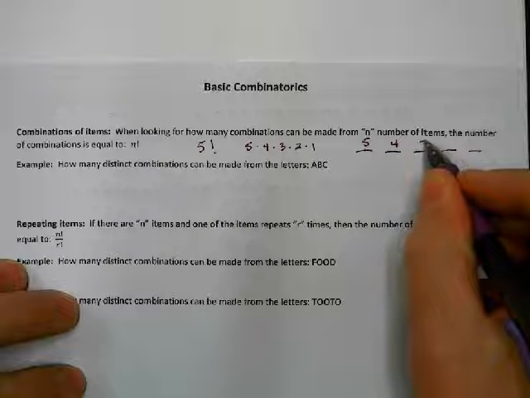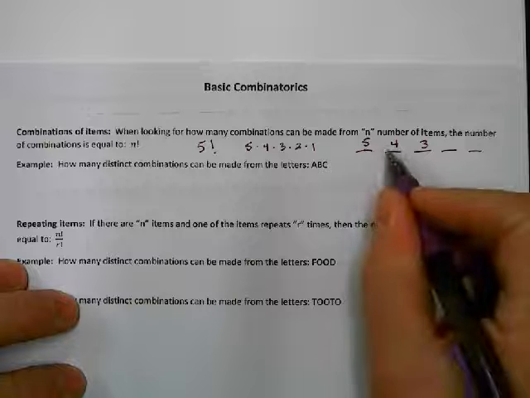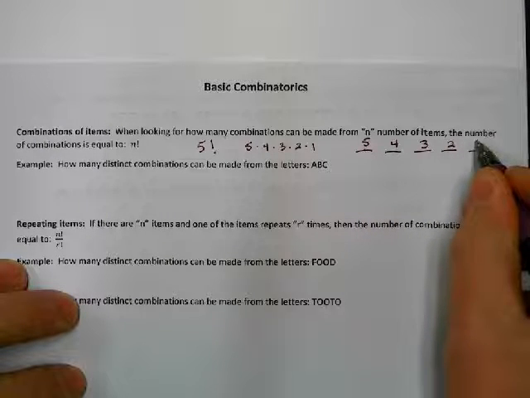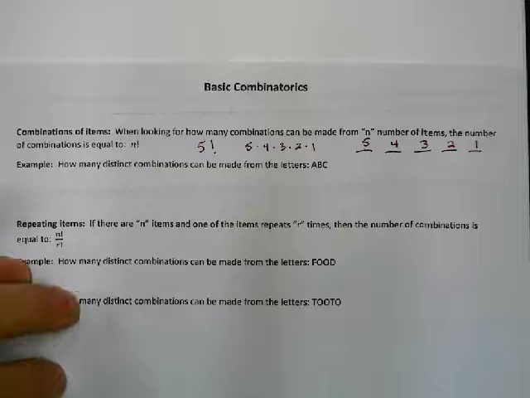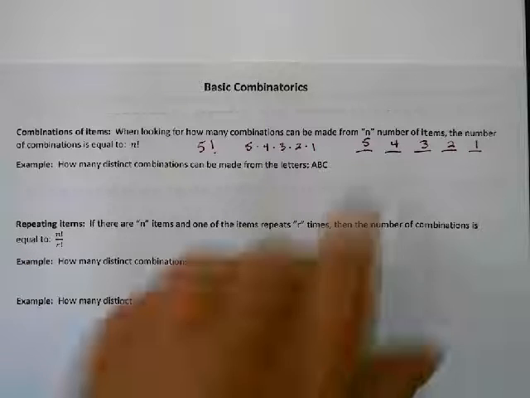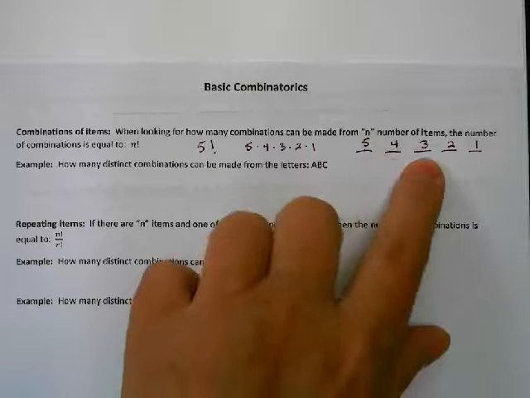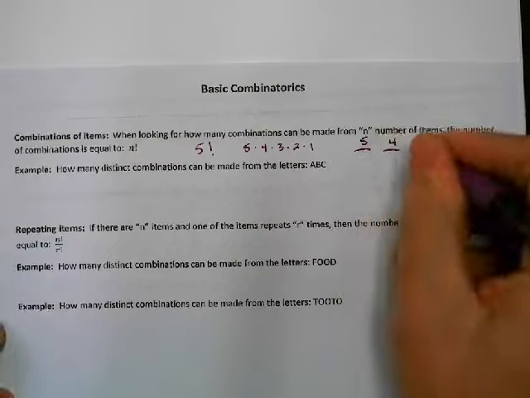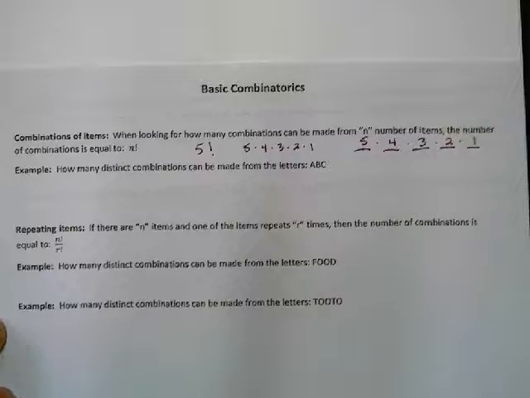The third item, there's 3 choices because we've used 2 so far. Then there's 2 for this one, and then we only have 1 item to put in the last one. So when we have 5 choices, 4 choices, 3 choices, 2 choices, 1 choice, there's a multiplication effect that happens to find the number of combinations. So that's why it works.